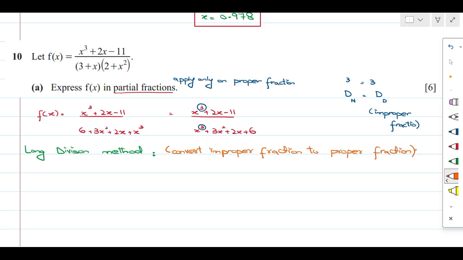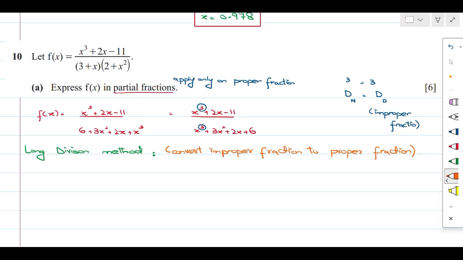Okay, so whenever you have a question of partial fraction, the first thing you need to check is whether the fraction is proper or improper. You have to simplify your numerator and simplify your denominator.